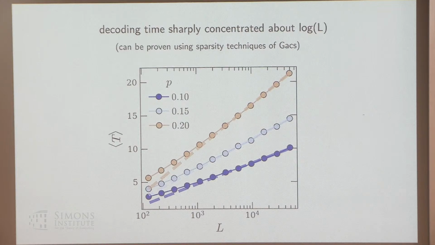If you want things to be a bit more careful, you can prove this log L result using some sparsity techniques developed by Gacs. You can look at how the noise is distributed at different scales and argue that anions at different scales get cleaned up in such a way that the expected time for the decoding to end goes as the log of the system size.